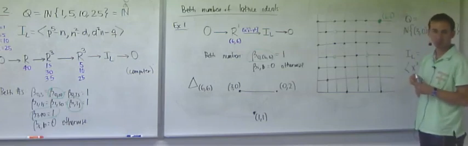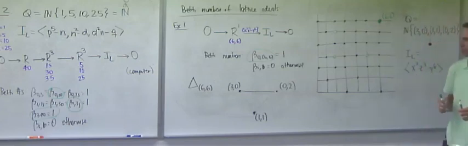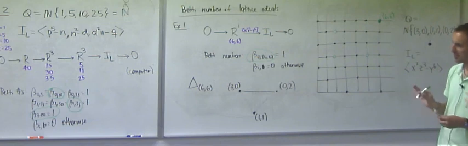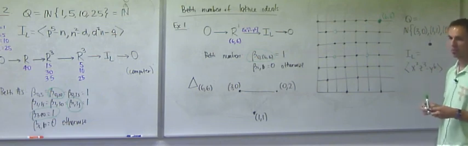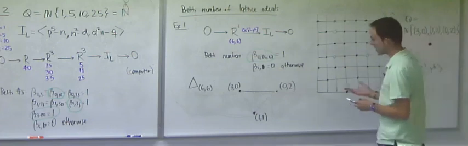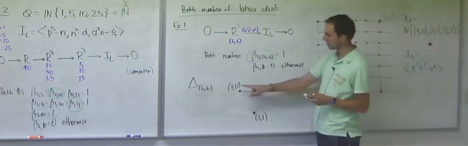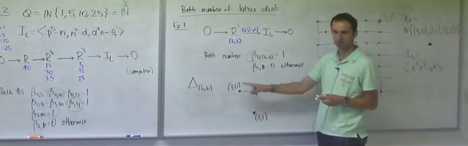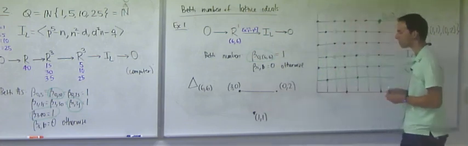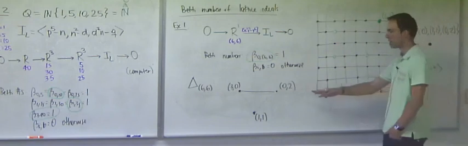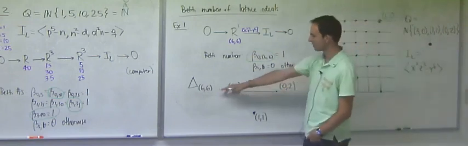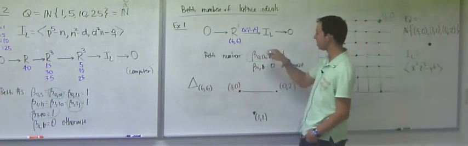The second reason I shouldn't put it in is that I'm claiming that this is a simplicial complex. I haven't proved it to you, but if you believe that it's a simplicial complex, then you can't have the triangle because you would have to have these edges also. So in either one of those 2 ways, you see that this is delta 6, 6. It has a zero-dimensional hole, and so you get a 1.